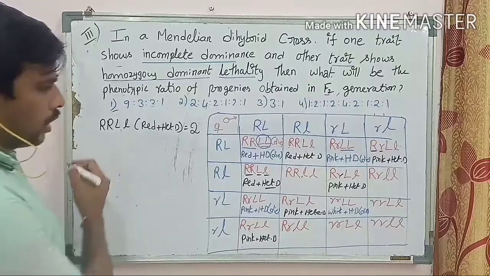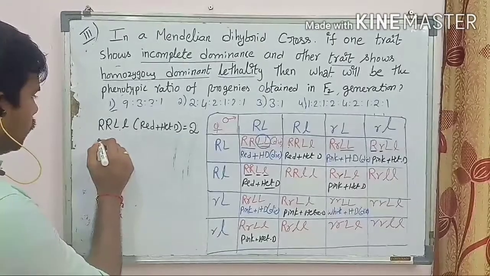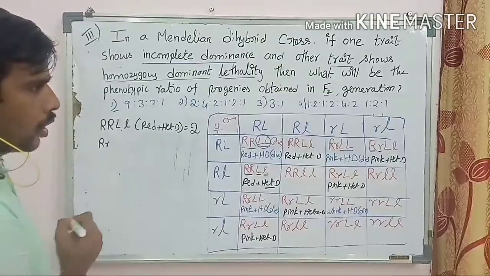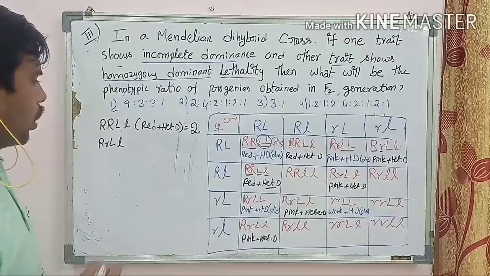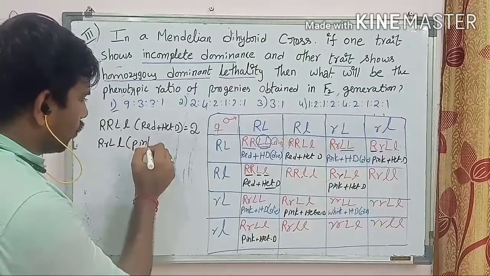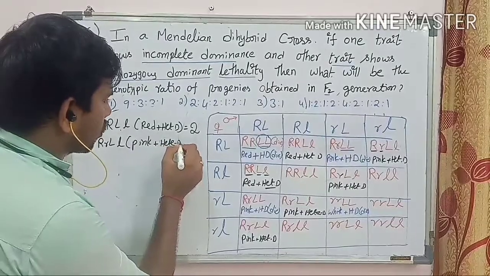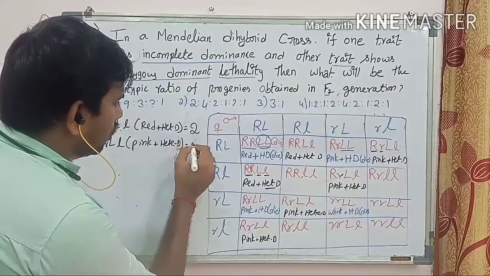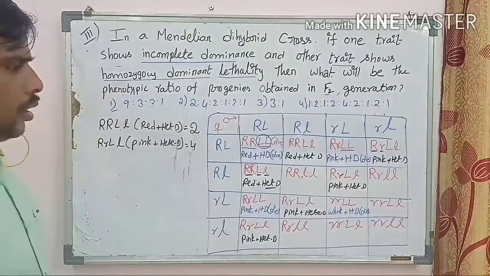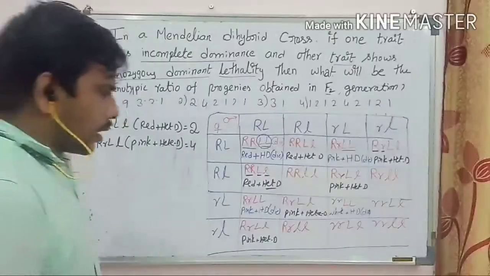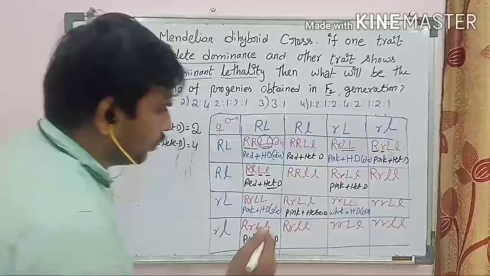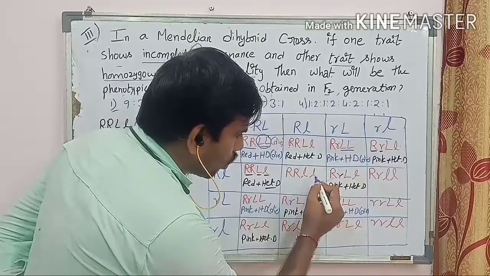What is the genotype here? Capital R, small r, capital L, small l. Now this is pink plus heterozygous dominant, total 4.